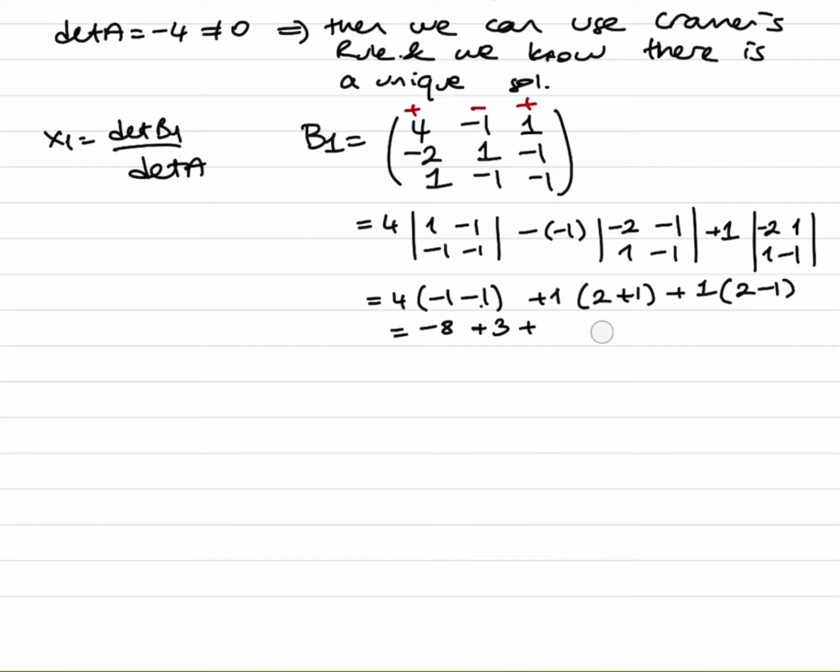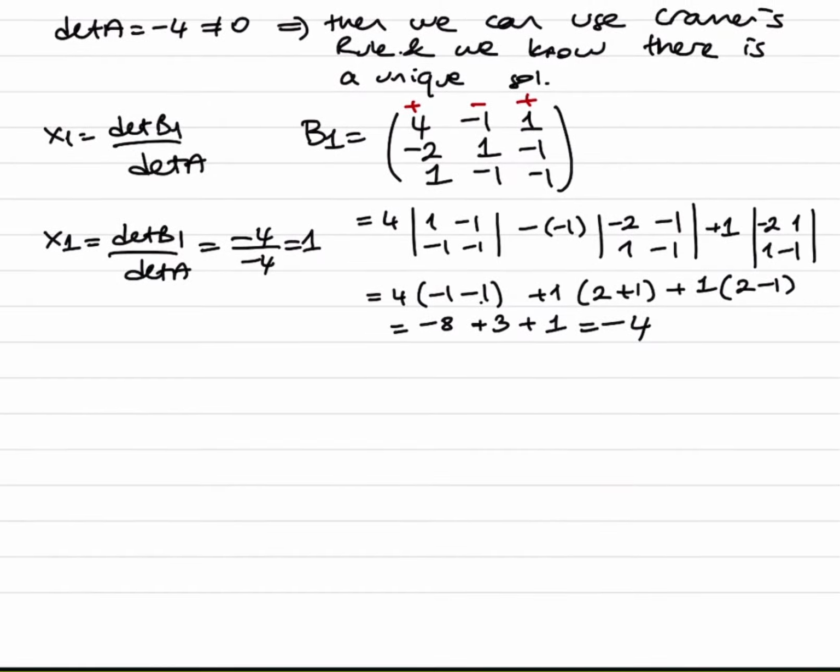So we should have 2 minus 1. It is plus 1. So we should have minus 4 here. Great, so now it is correct. And we find the determinant of B1 over the determinant of A, minus 4 over minus 4, x1 is 1.